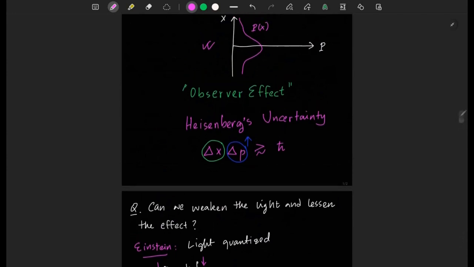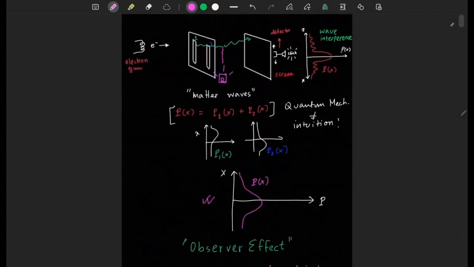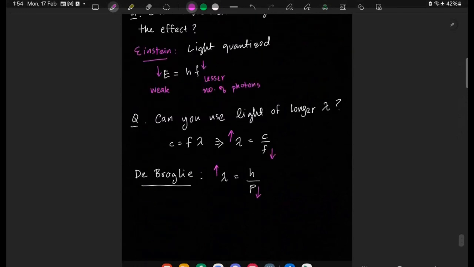And what does that mean? Well, that means that if you have too long of a wavelength of light, and light scatters the electrons coming out of one or two, if the wavelength of light is greater than the slit separation, how far these slits are, then you don't really know out of what slit the electrons are emerging. So you have lost the precision in position. So there is a limit to how big of a wavelength you can use.